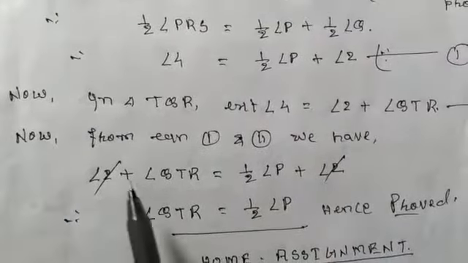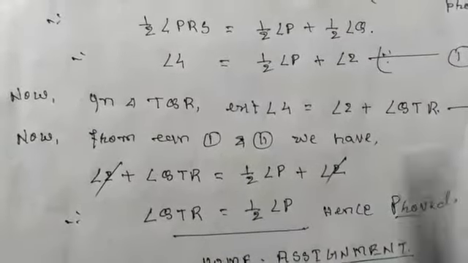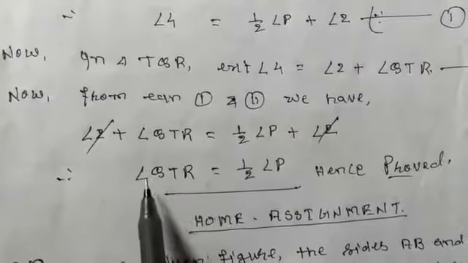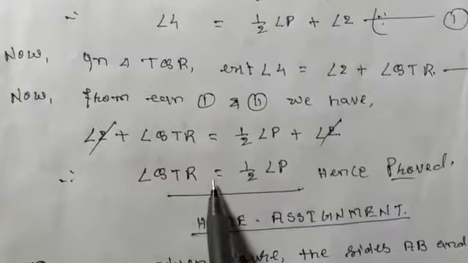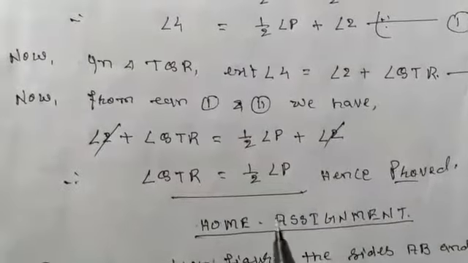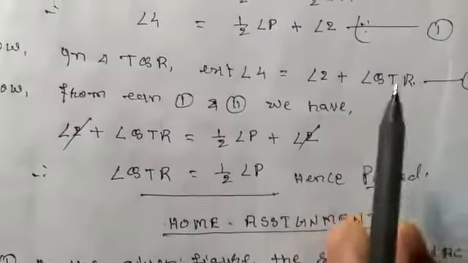Now angle 2 on the LHS and RHS both get cancelled and we are left with the desired result, that is angle QTR equals half of angle P, and in this way our result has been proved.